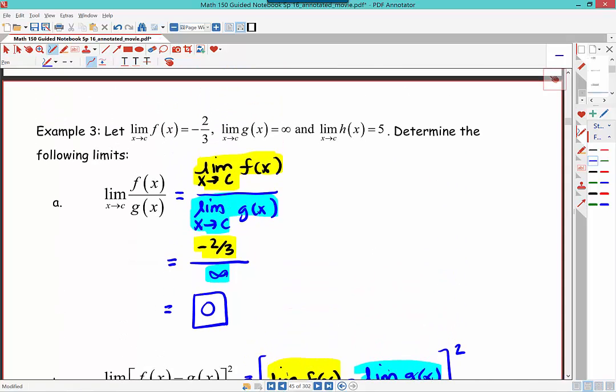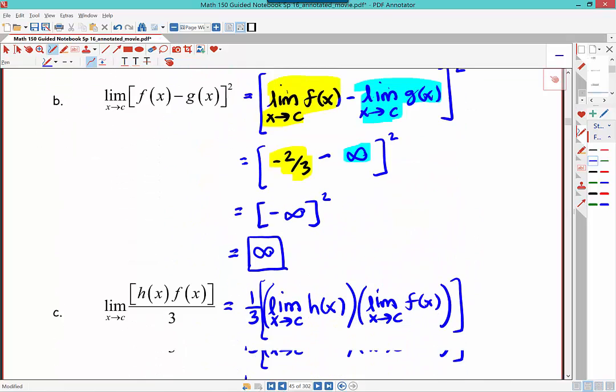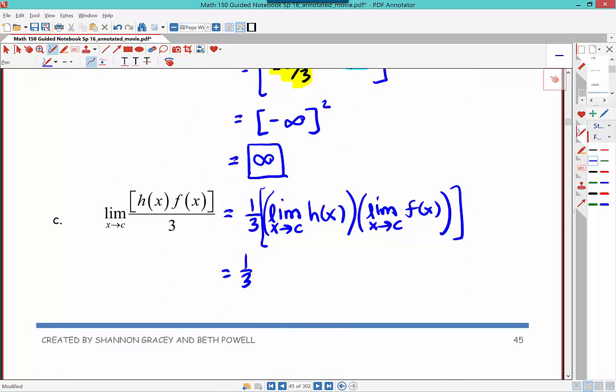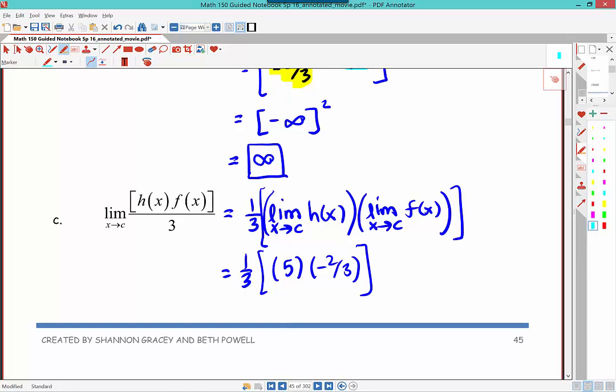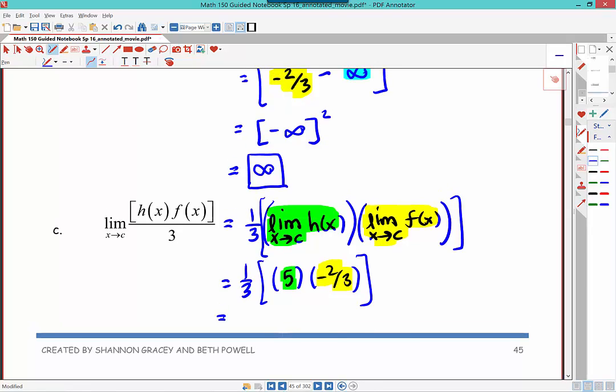For the h of x, it was 5, and for the f of x, it was negative 2/3. So these are our equivalences. And I got all that information from the beginning of the problem. So we'll end up with, let's see, I believe we get, at the end of the day, negative 10/9.